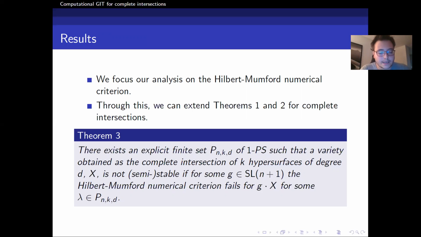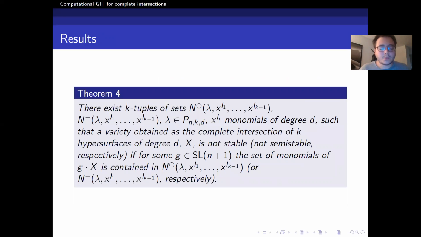There exists, again, an explicit finite set, this time denoted P_{n,k,d}, of one parameter subgroups, such that the variety obtained as the complete intersection of these k hypersurfaces of degree d is not semi-stable or not stable if for some g in the target group, the Hilbert-Mumford numerical criterion fails for g acting on X for some of these lambdas.